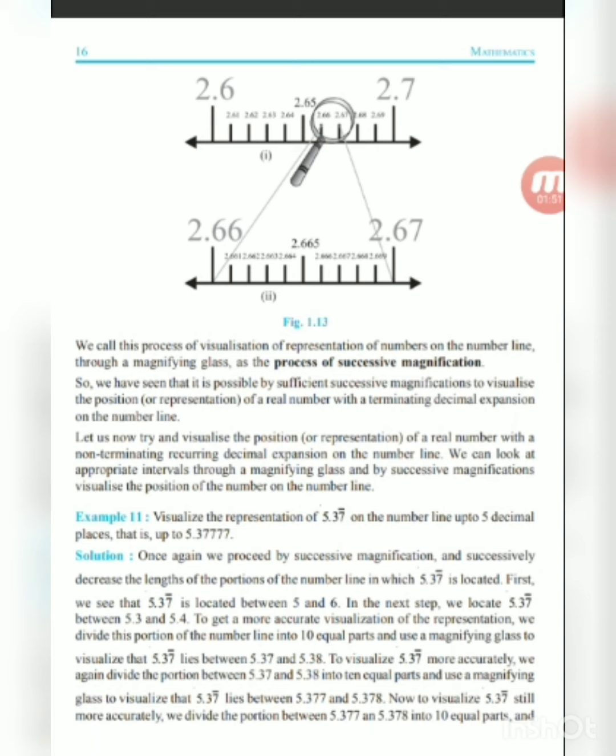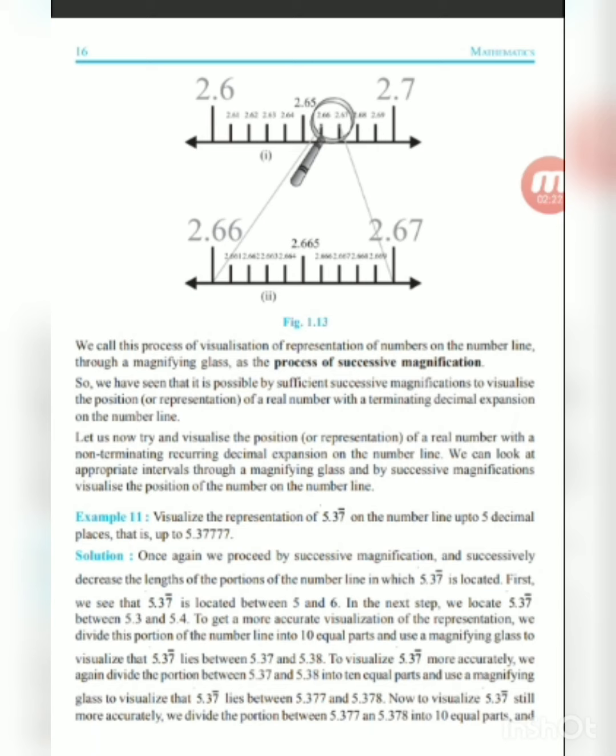Divide this portion of the number line into 10 equal parts and using a magnifying glass to visualize, 5.37 bar lies between 5.37 and 5.38. To visualize 5.37 bar more accurately, we again divide that portion between 5.37 and 5.38 into 10 equal parts, and then we can see 5.37 bar lies between 5.377 and 5.378.